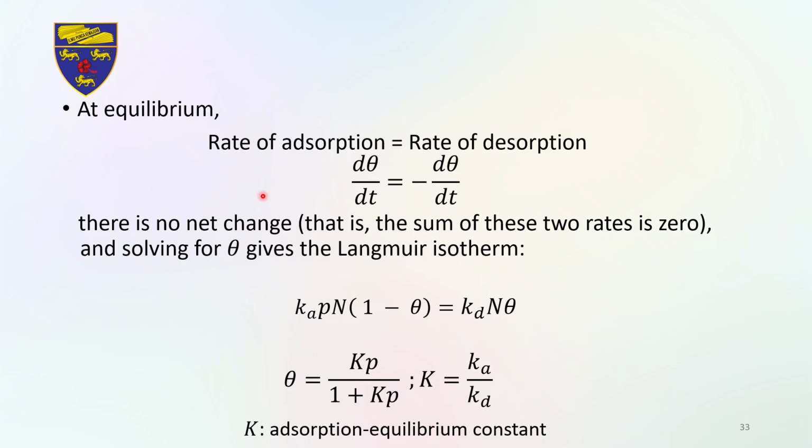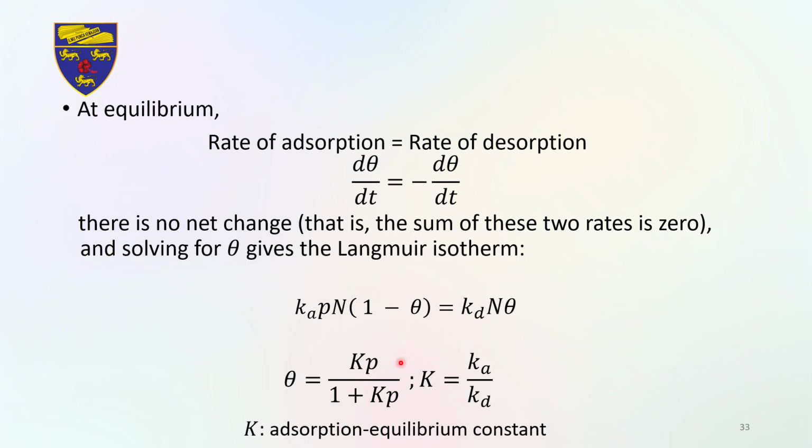At equilibrium, the rate of adsorption equals the rate of desorption. So there is no net change, and solving for theta, it will give the Langmuir isotherm. So you have Ka multiplied by pressure multiplied by N multiplied by 1 minus theta, which is the fraction that is unoccupied, equal to the desorption rate.